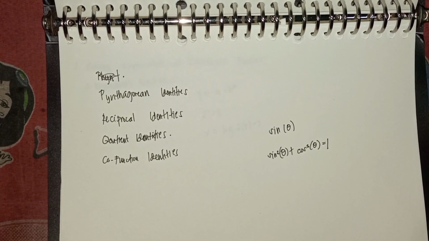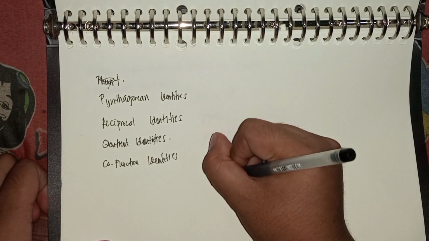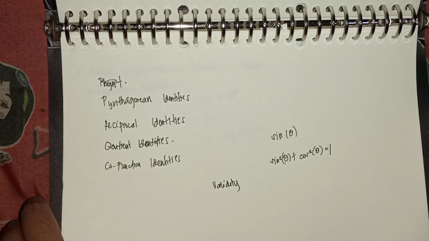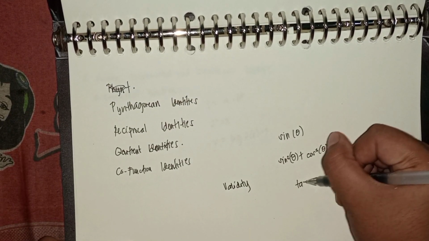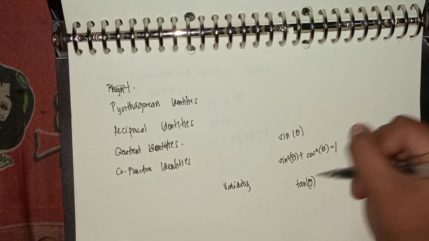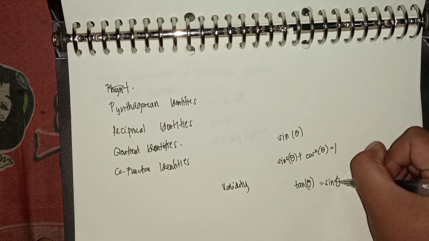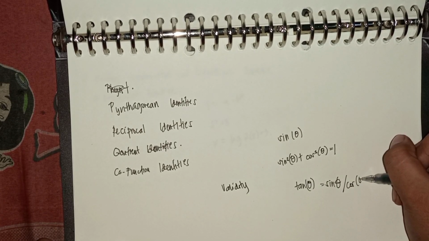The next objective is to write a proof which verifies the validity of a stated identity. For example, we have to prove the identity tan theta is equal to sine theta divided by cosine theta.